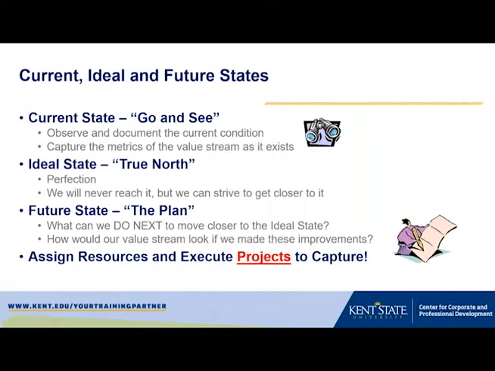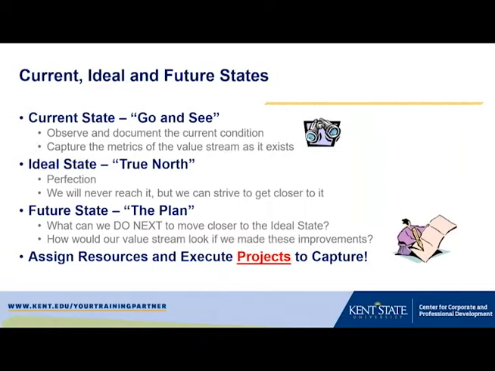And there's kind of a standard set of metrics that we can look at. How long does this take to do? How reliable is the equipment? When we do a changeover from one product or service to another, how long does that take? Those are all kind of standard metrics, and that's nice because Lean almost gives us a checklist to start to characterize our current process or current state.